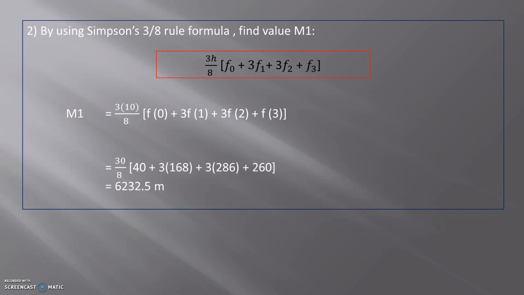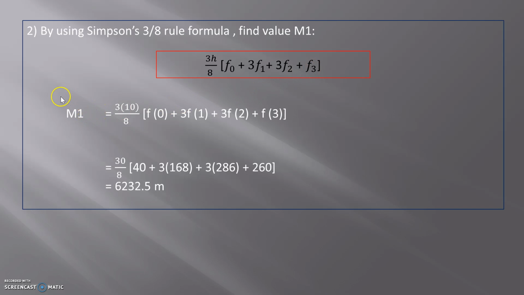Next, from H, we could find the value of M1 by using the fixed formula of Simpson 3/8 rule, which is given 3 times H over 8 times function of 0 plus 3 function of 1 plus 3 function of 2 plus function of 3.